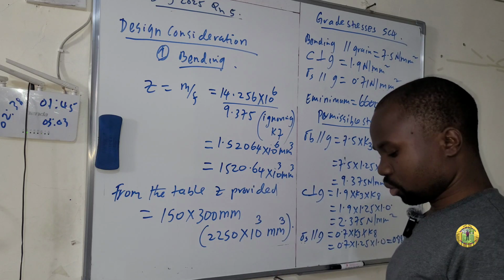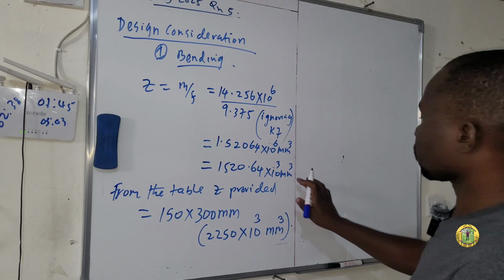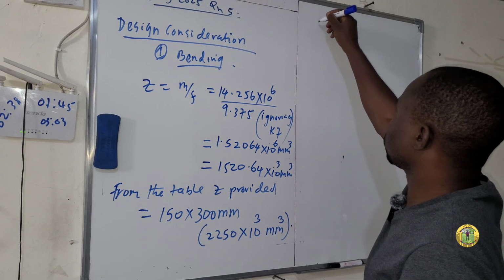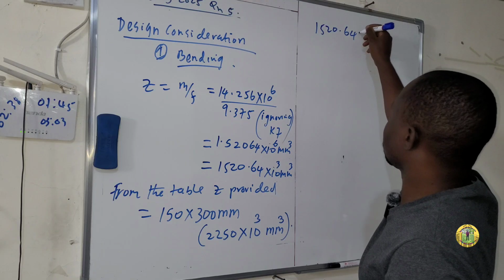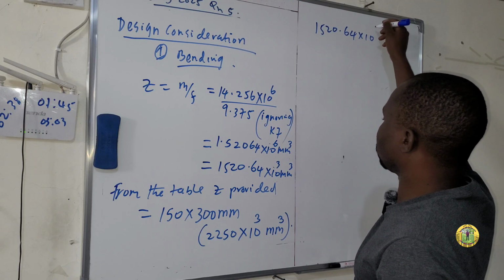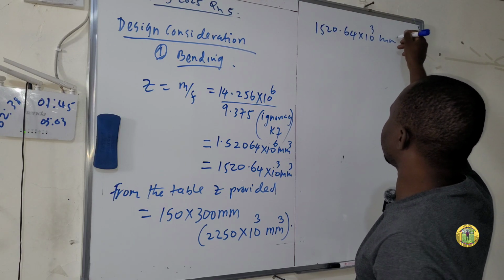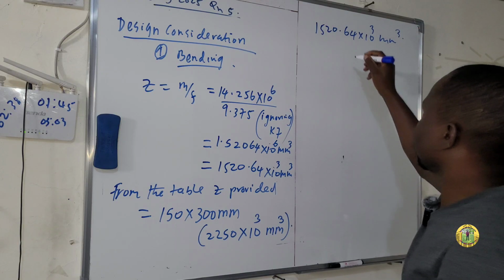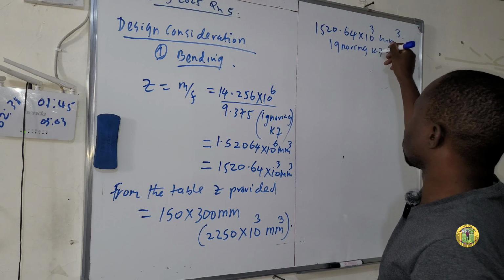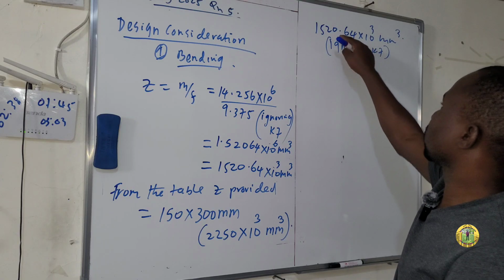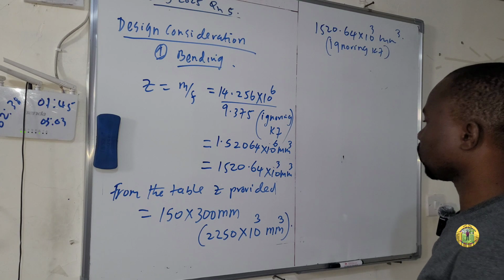So let's continue. Remember, our initial Z was 1520.64 times 10 to power of 3 millimeter cubic, so this was our Z ignoring K7.